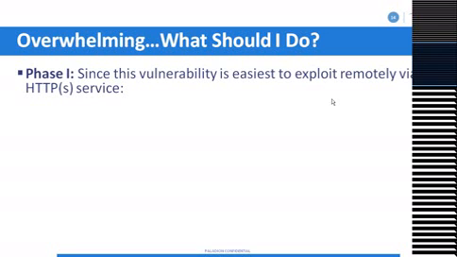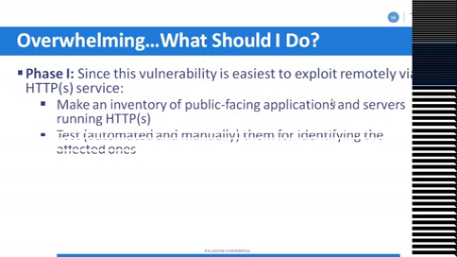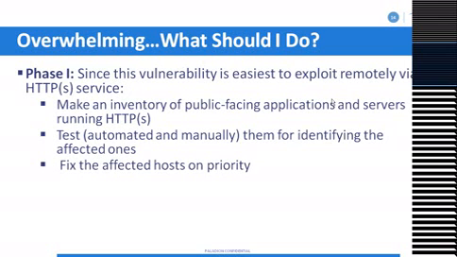So our first objective, in phase 1, should be to identify such servers and applications and prepare an inventory of them. Test these systems via automated tools or manually to identify the affected systems, then fix them on priority.